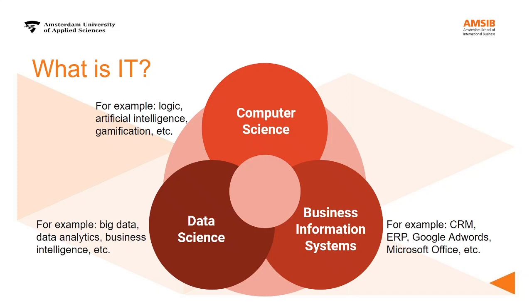If you look at the following three domains, computer science, data science, and business information systems, for our students, we will focus on the business information systems part, and in particular within that Microsoft Office for first year students and ERP, Enterprise Resource Planning, for second year students.